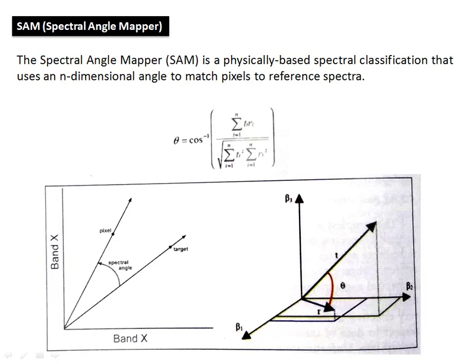Spectral angle mapper is a very common classification technique in hyperspectral remote sensing images, and it is a very intelligent technique.